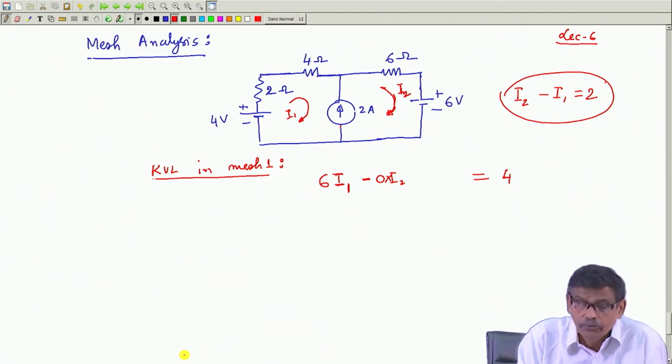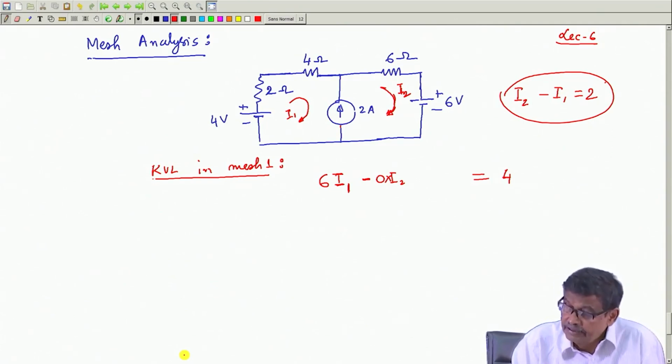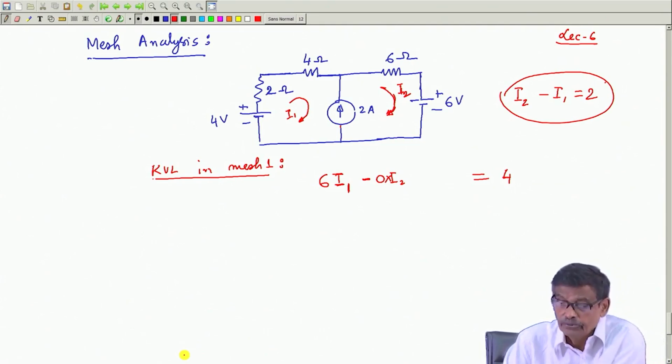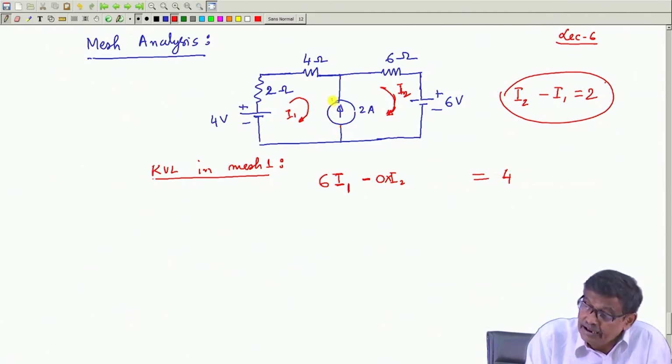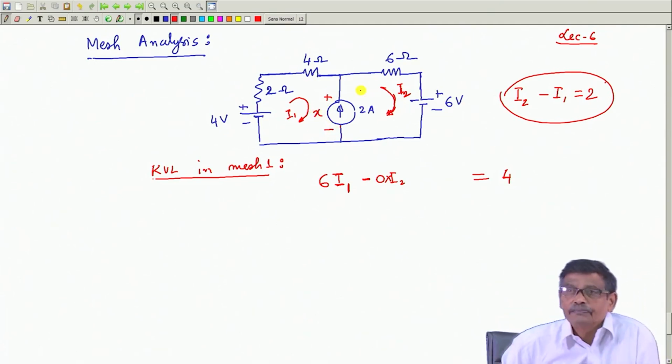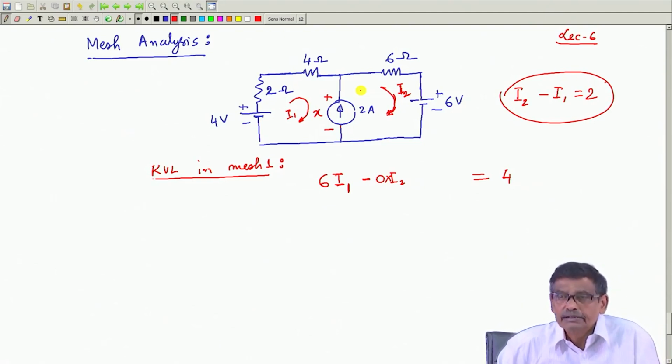Therefore, the rule is the same: 6 I 1 minus 0 into I 2 is equal to the source terms, and only 2 meshes are there. So, it is plus 4 volt. Now, here you have to assume this thing. I do not know this voltage; say it is x volt, because in an ideal current source, the current is fixed, but the voltage is decided by what things are connected across it.